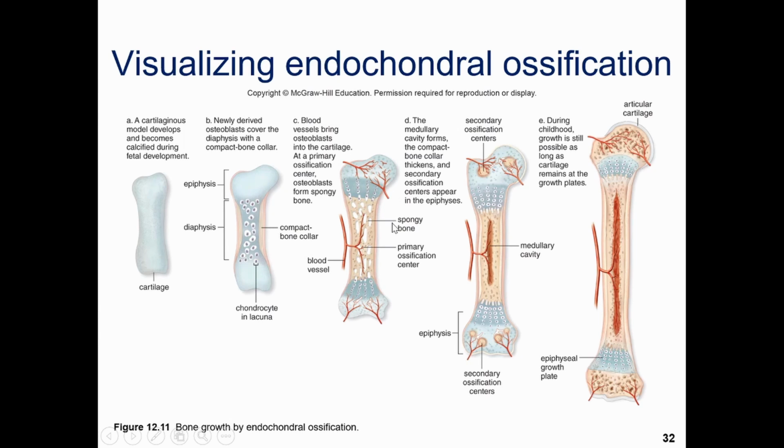Blood vessels start to branch into our framework. We have our primary ossification center laying down spongy bone all throughout. We have some secondary ossification centers starting in the epiphyses. And we see the osteoclasts starting to resorb some of that bone in the middle to form the medullary cavity.